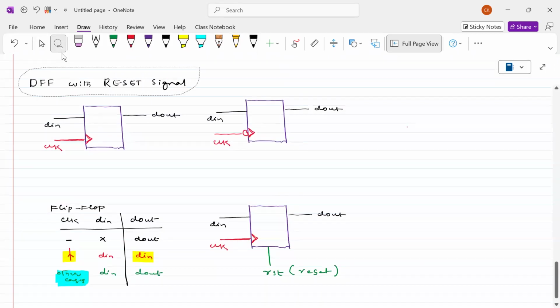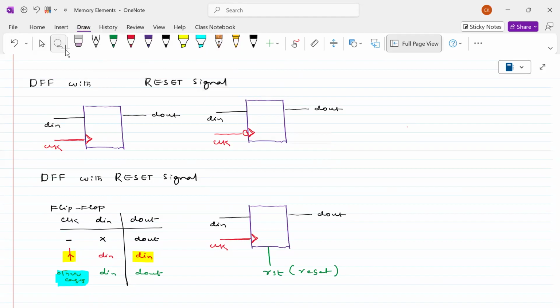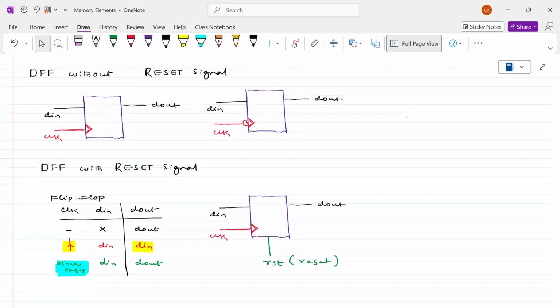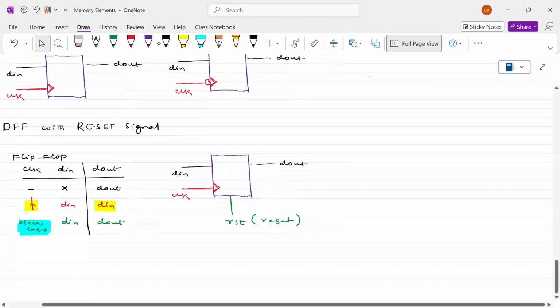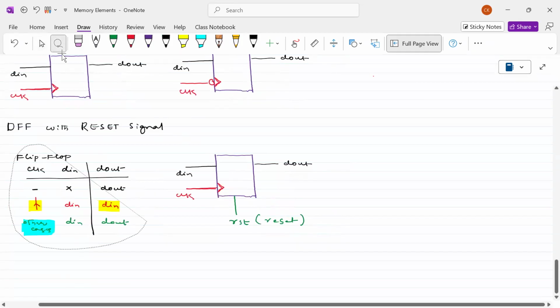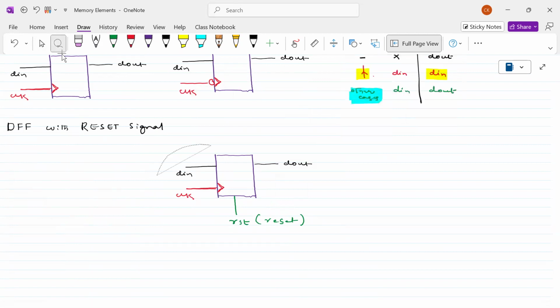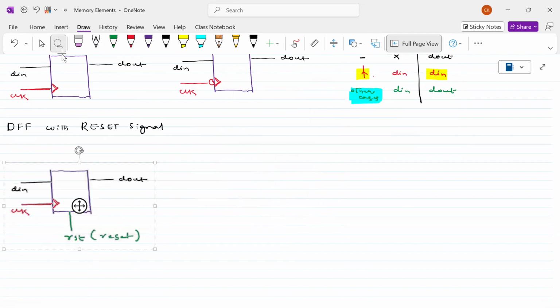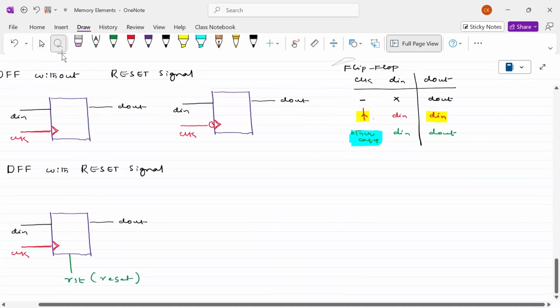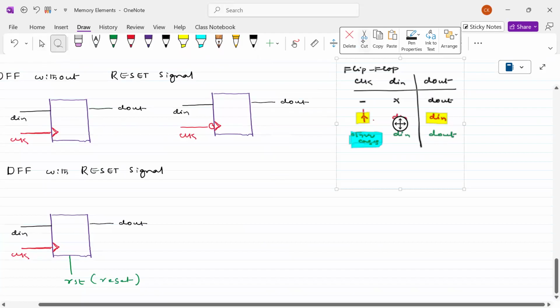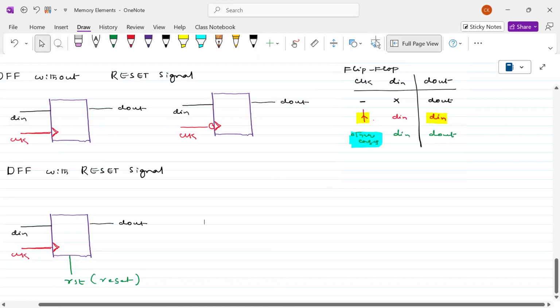This is without reset signal. Here is with reset signal. Now you copy this information and then paste.